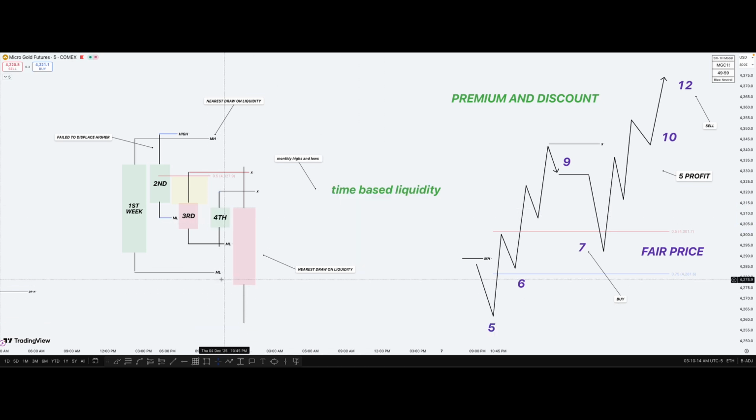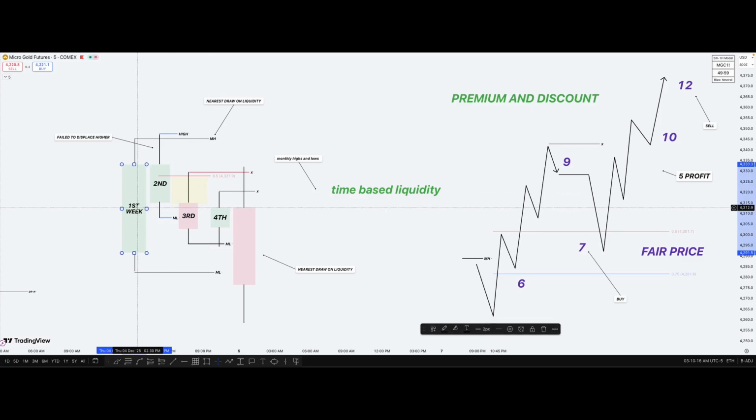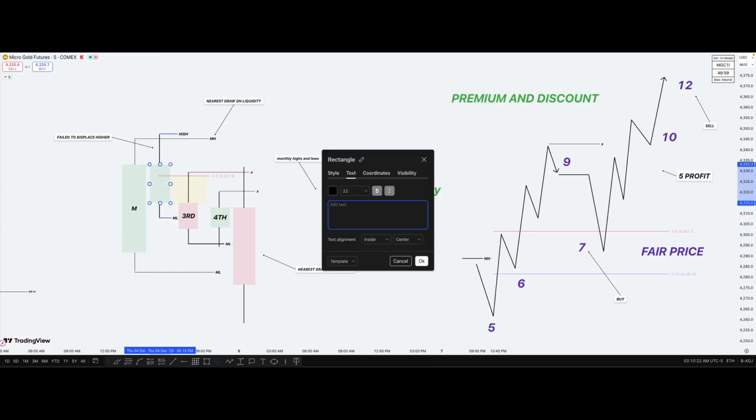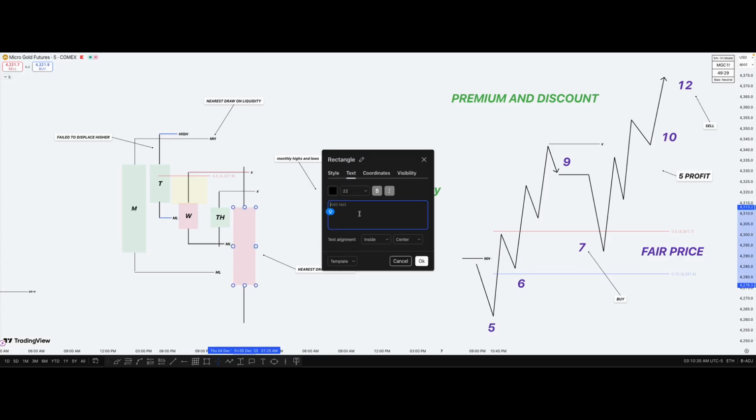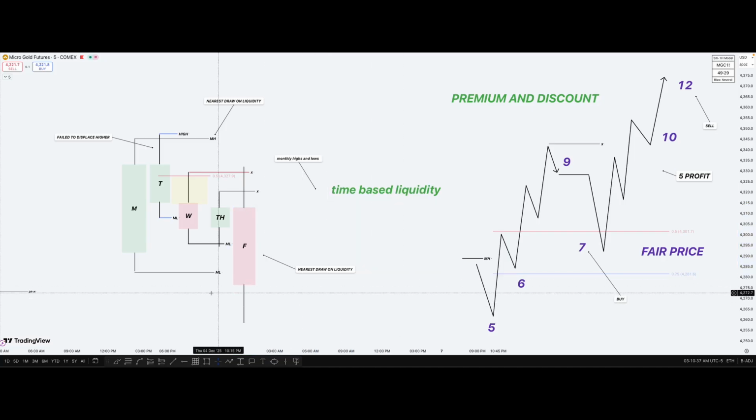Same thing. Or it can be Monday, Tuesday, Wednesday, Thursday, and then this one can be Friday. It's the same thing.